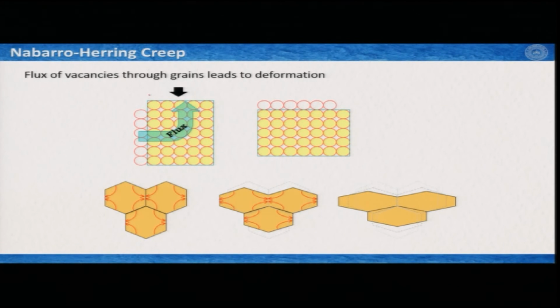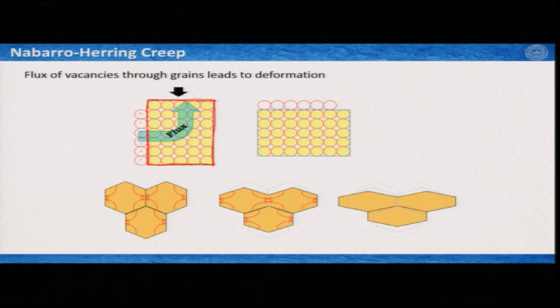So, you can see here this is a grain with these yellow atoms inside, and outside there are some white vacancies. Now, in Nabarro-Herring creep, the flux happens through the grain, so inside the grain.